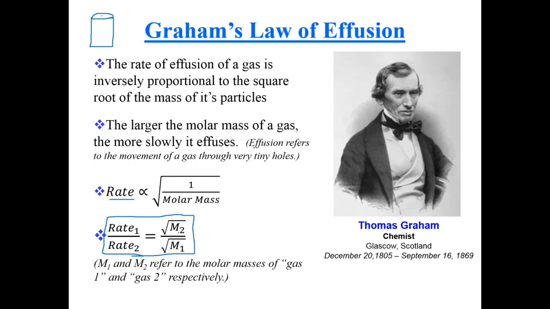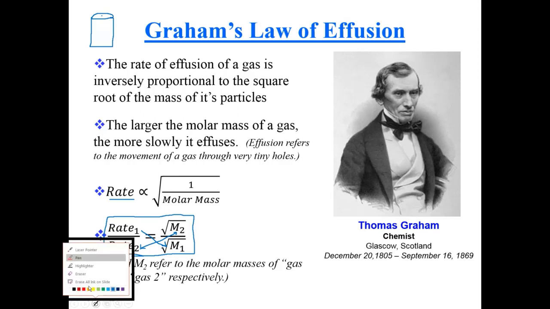This M is not molarity; it is molar mass, the molar mass of gas 1 and gas 2. So rate 1 over rate 2 is equal to the square root of molar mass of 2 over molar mass of 1. Notice the 1s and the 2s are on opposite ends of the fractions because it's an inverse relationship.